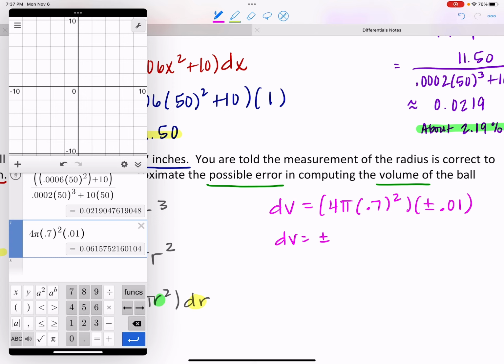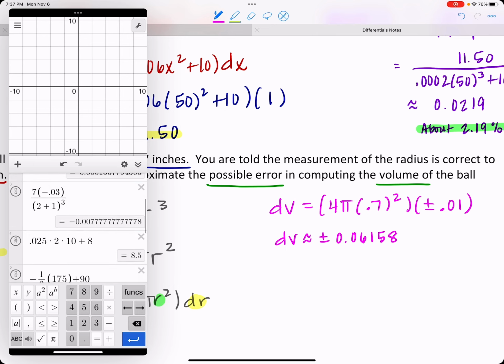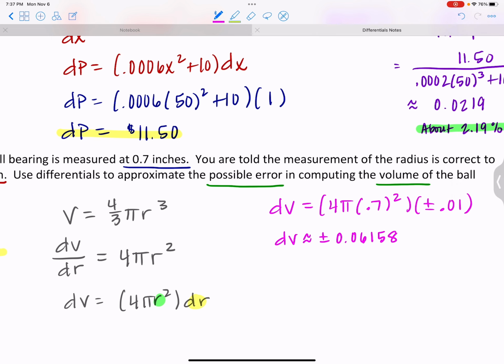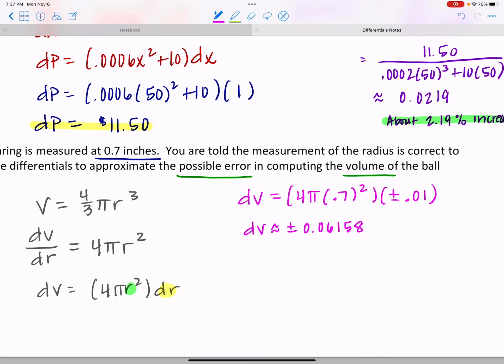And so this is going to be approximately plus or minus 0.06158, or wherever you want to stop with the decimals if it doesn't specify. The more you keep, the more accurate it is. So the potential error in our volume: the volume could be 0.06158 cubic inches more than what it is if we use 0.7 as our radius, or it could be that much less than what we actually calculate.